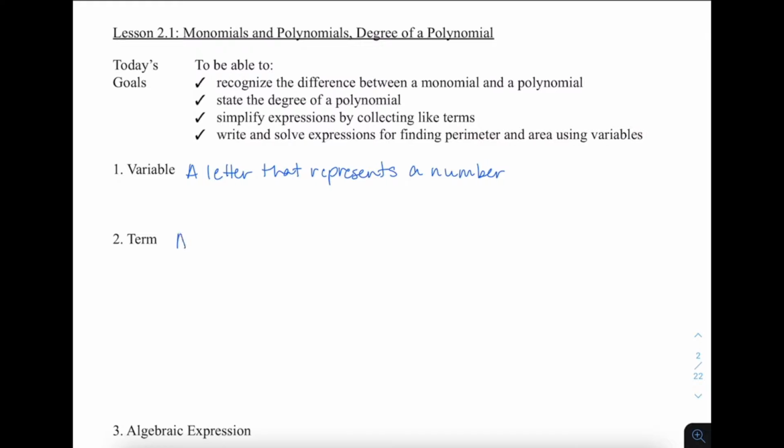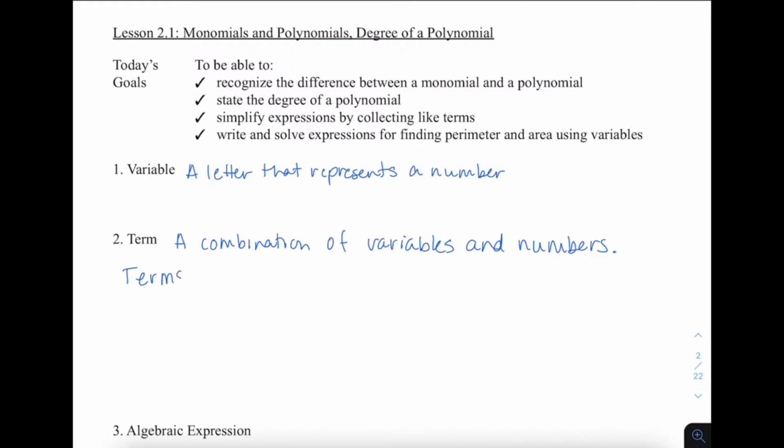A term is a combination of variables and numbers. We sometimes call these numbers coefficients.